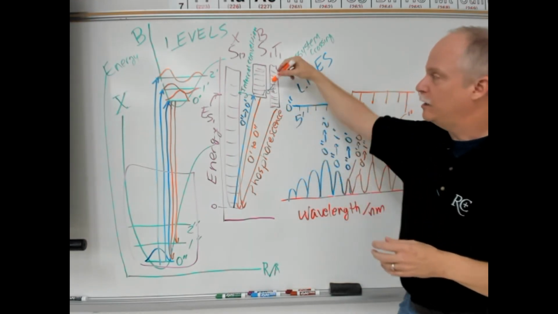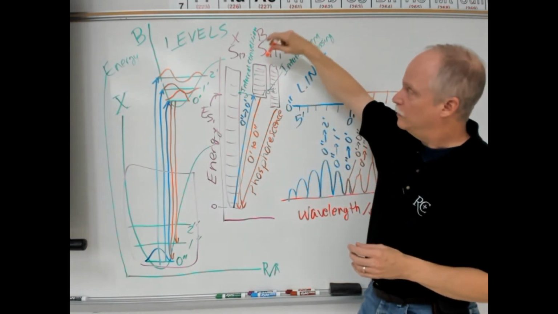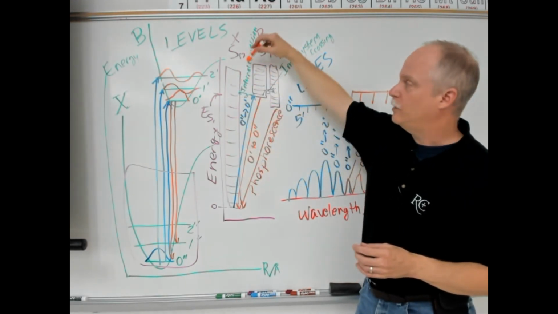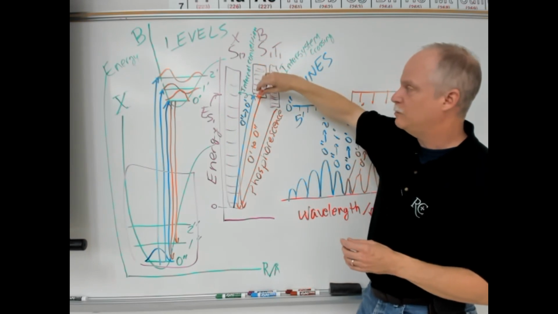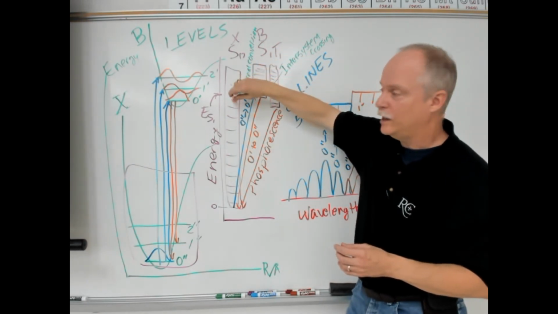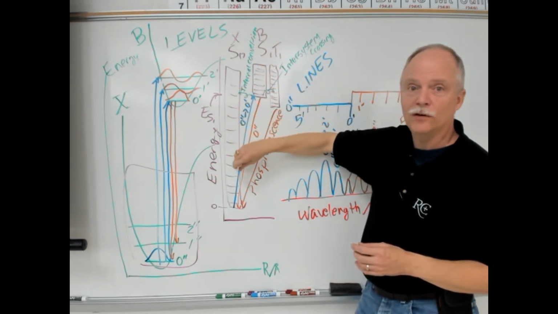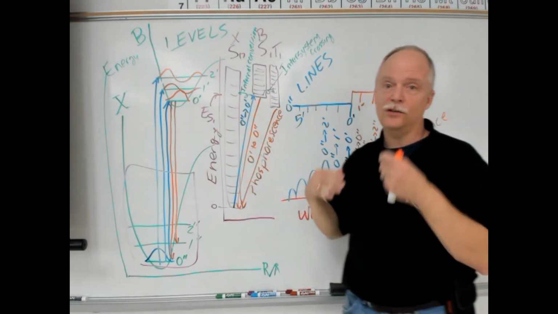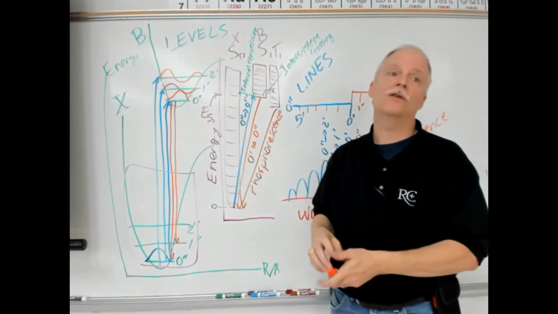And we could, in theory, get from S1 all the way down to the ground state by non-radiative relaxation if we have internal conversion. So if we get to this point and can jump over to that one, we can keep going down the vibrational manifold until we get to the ground state, and we won't ever see fluorescence. And so for molecules that don't fluoresce, that's what's going on.